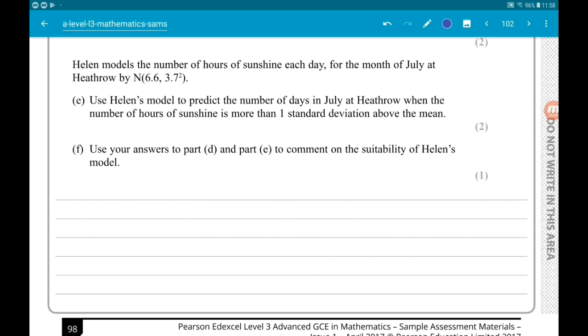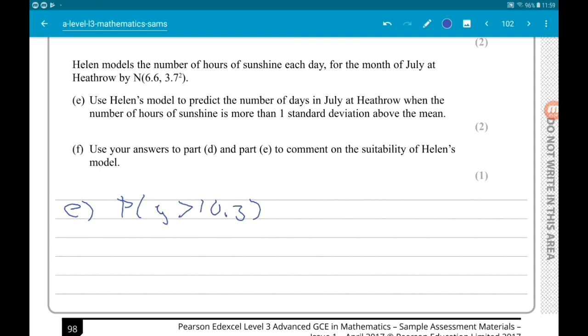So, we want the probability Y is greater than 10.3. Now our calculators can do this, so you want distribution, normal CD. For your lower bound, put in 10.3.